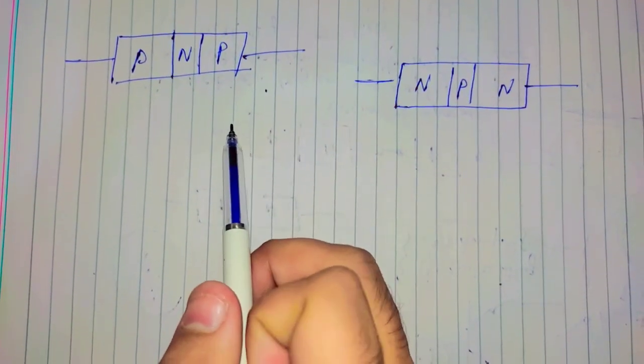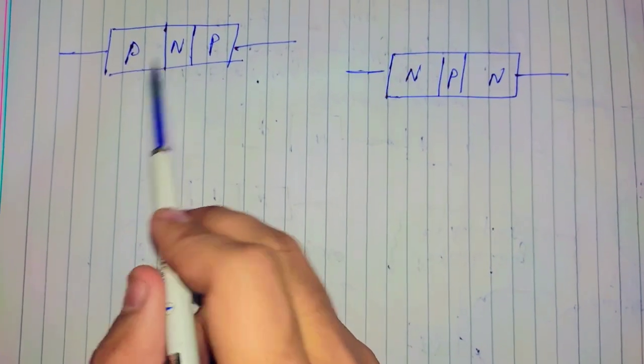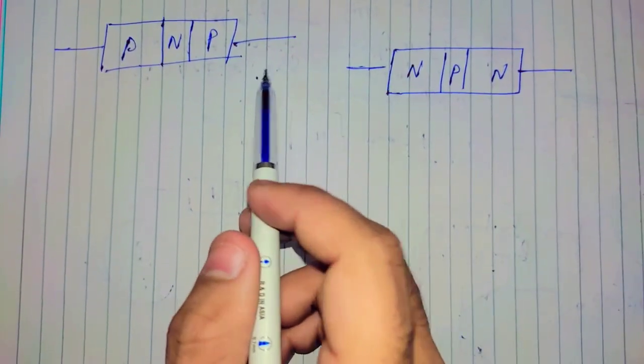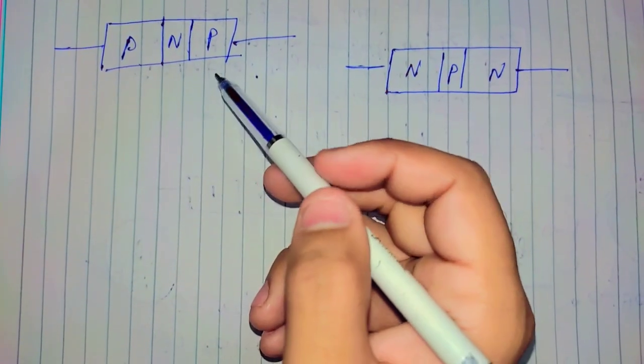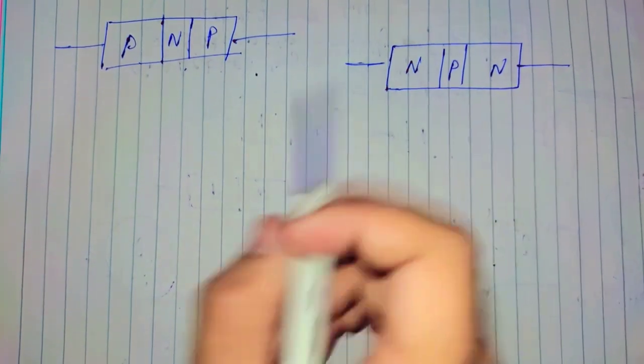What is the difference between PNP and NPN, and what is the difference between the circuit symbol representation of these two different semiconductor transistors?